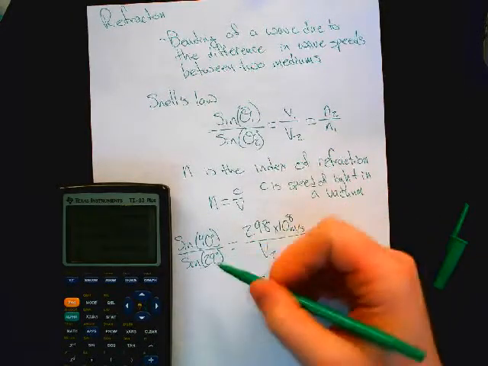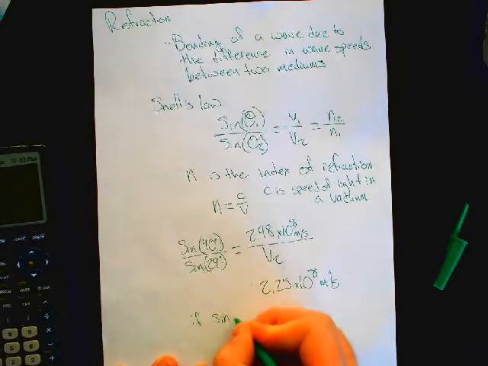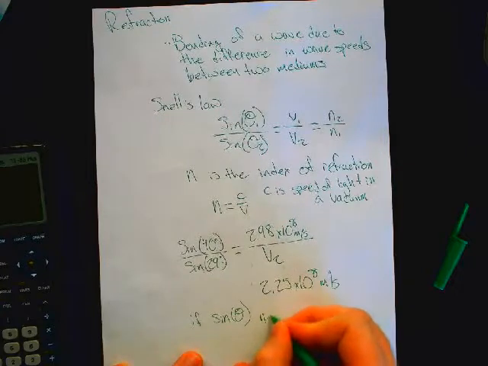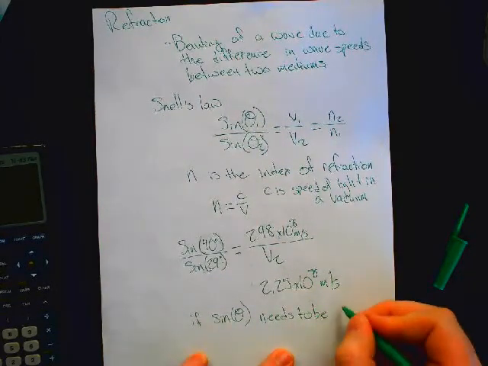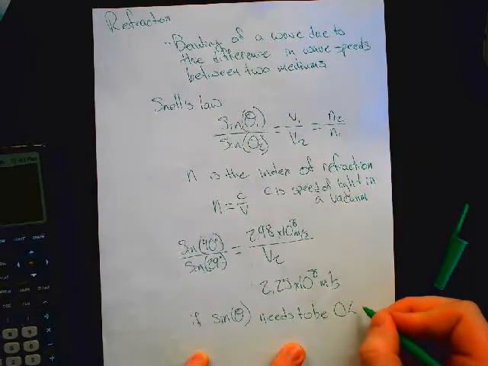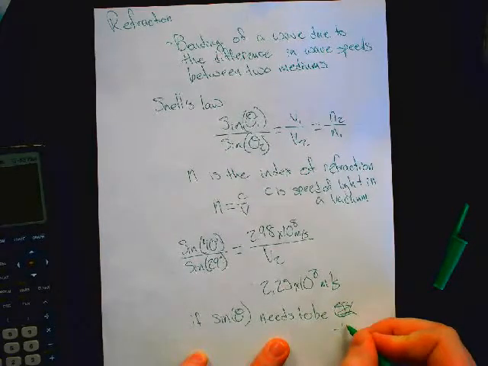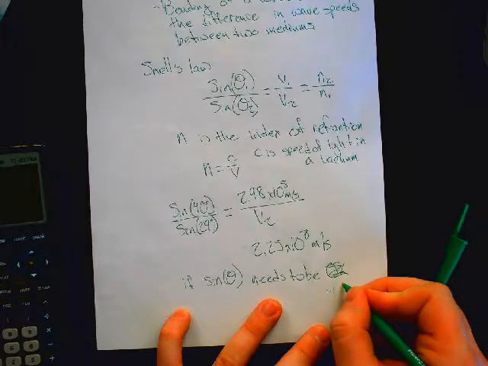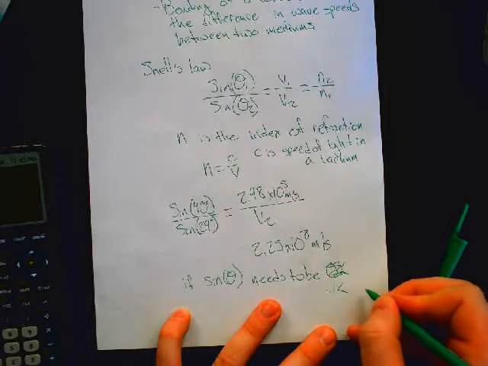If my sine value, so sine theta, and it can be either one, needs to be less than -1 and greater than 1, trying to get my math signs right.